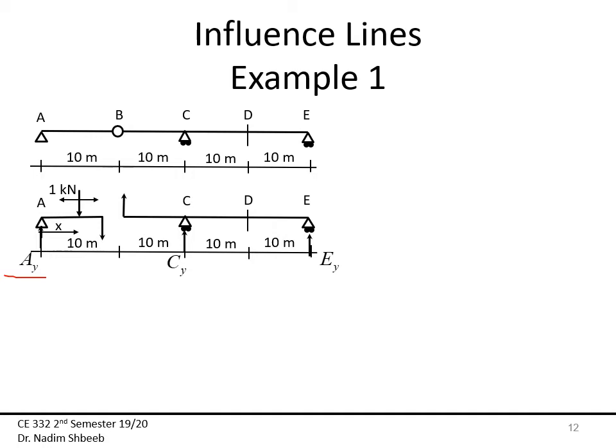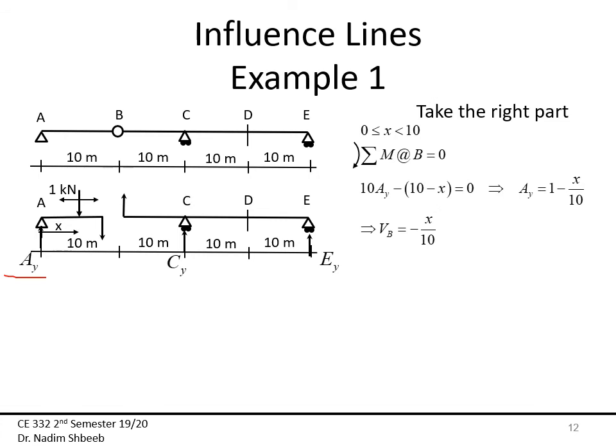If that happens, now I can find the value of AY by taking the moment at B equal to 0. Here you notice that I have to take both parts, because again I have three reactions, so it's not like a simple beam anymore.